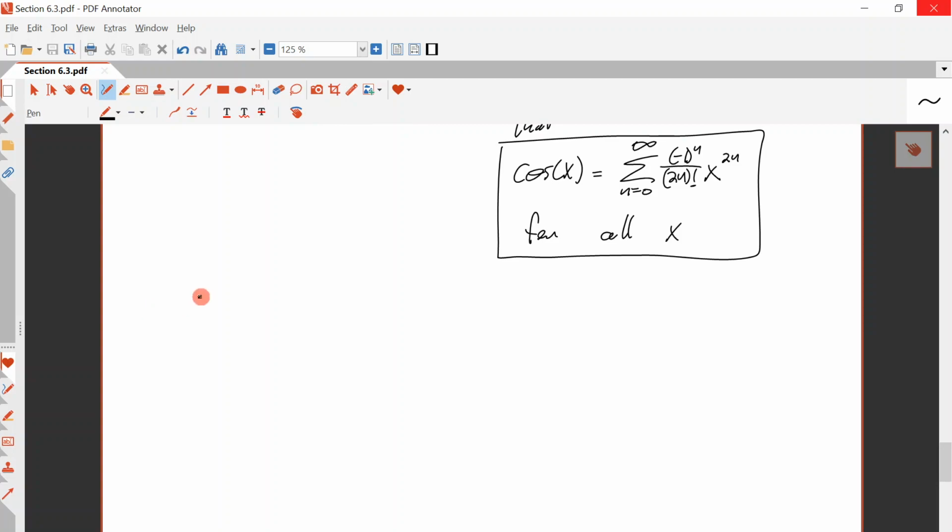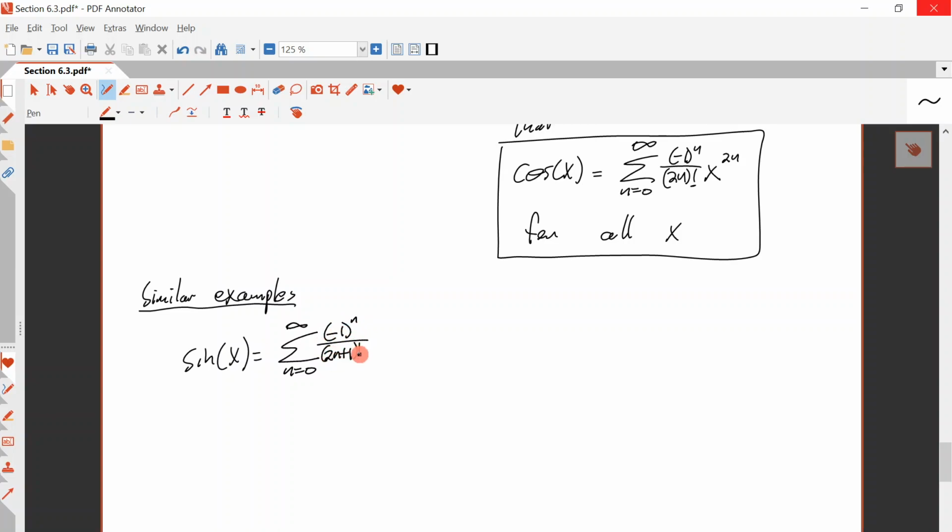Similar examples. Cosine x, or we did cosine. Sine of x is the sum n equals 0 to infinity minus 1 to the n over 2n plus 1 factorial x to the 2n plus 1.